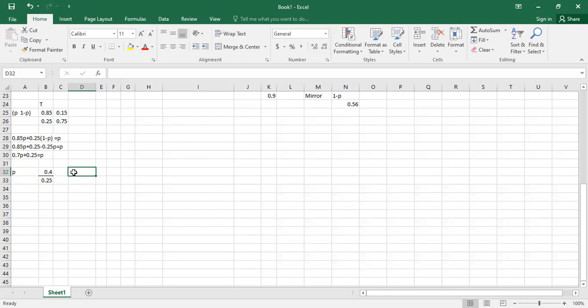In probability, if you get more than one, we are wrong. Either we are wrong or the question is wrong. One of us is wrong. I'm getting the same. It is 0.25 divided by 0.4.